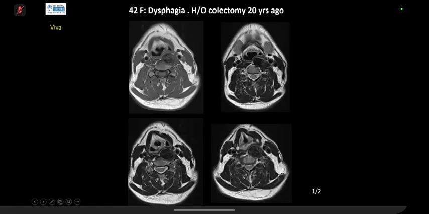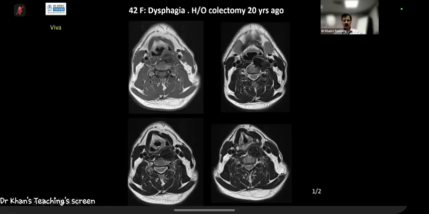In the left prevertebral region, there is a T2 hypointense, minimally enhancing, and T1 hyperintense lesion. I have not given you the post-contrast sequence. This is T2, T2, T2, T1. So this is low signal on T2, right? Yes.